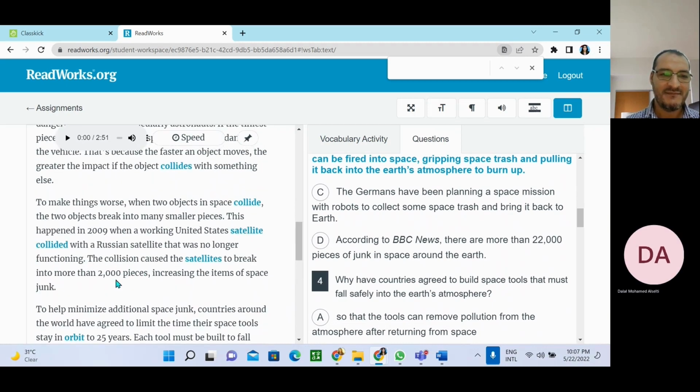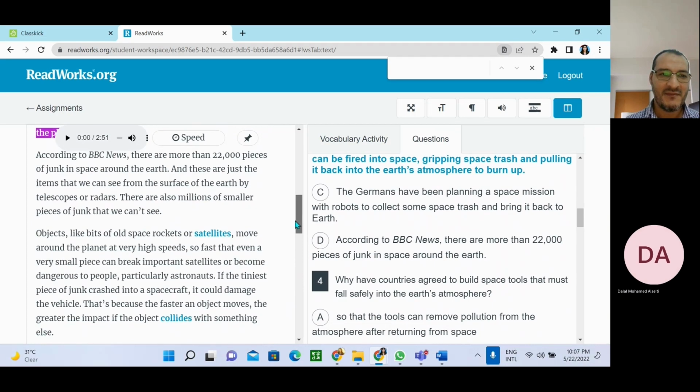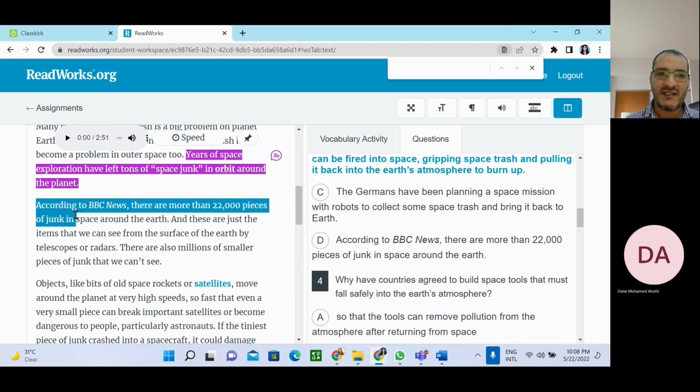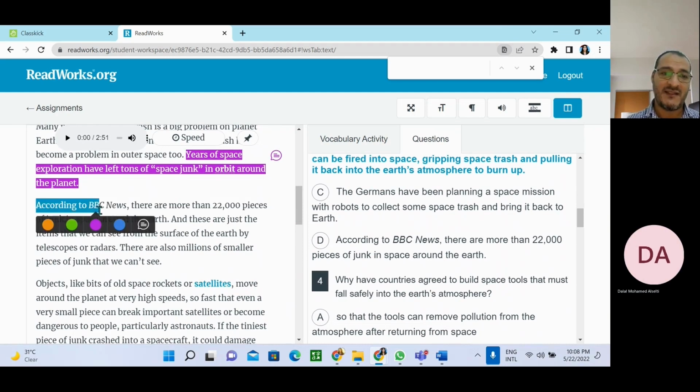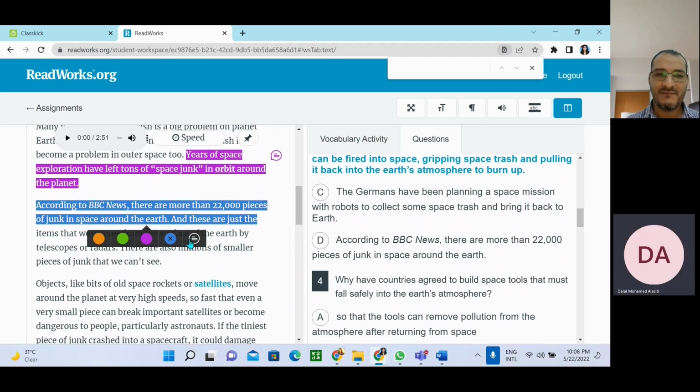According to BBC News, there are more than 22,000 pieces of junk in space around the world. This one. That means this part says there's junk in space. Junk means trash in space. I make it question 3, right?